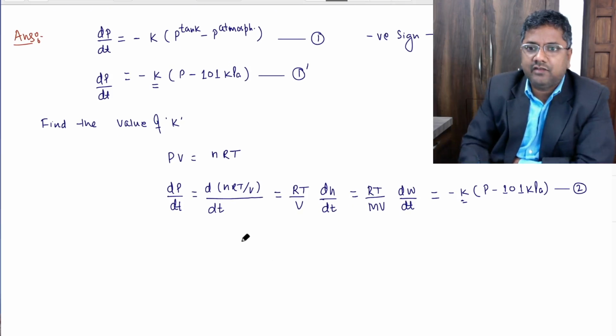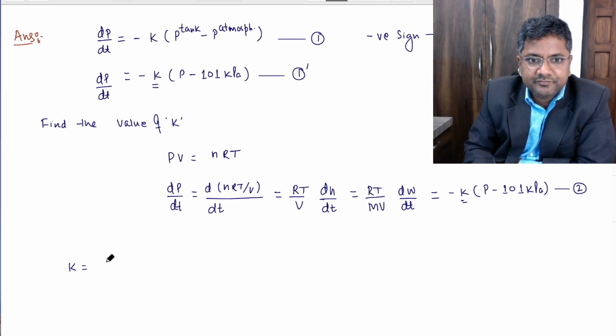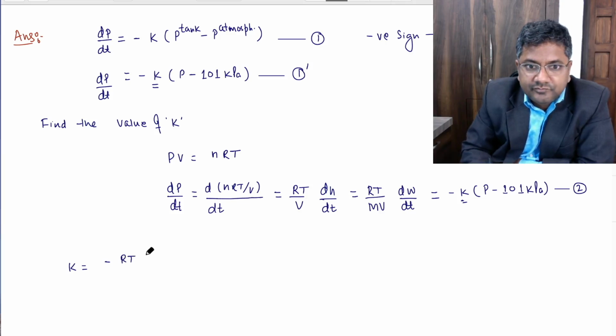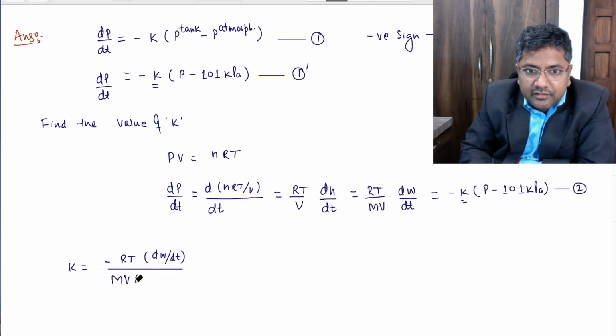So K is equal to minus RT dW by dt divided by m times V times (P minus 101 kilopascal).